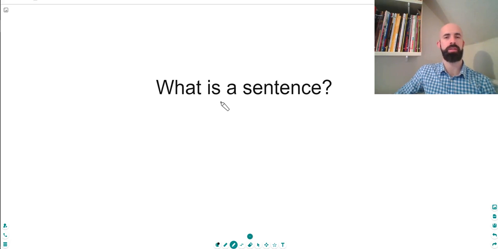Okay, so I always find this an interesting exercise to do with students. A lot of people find it quite difficult to actually describe what a sentence is, to define it. I get people say things like, it's an idea, it's a phrase, it starts with a capital letter and it ends in a full stop.